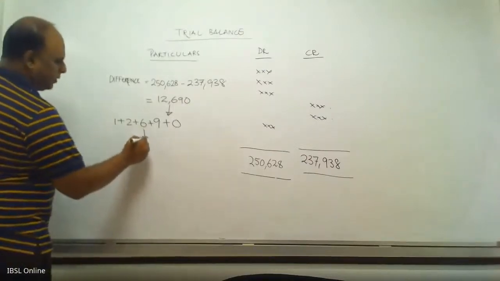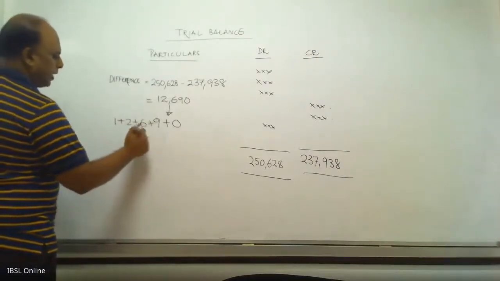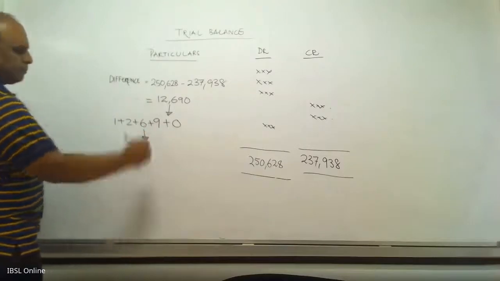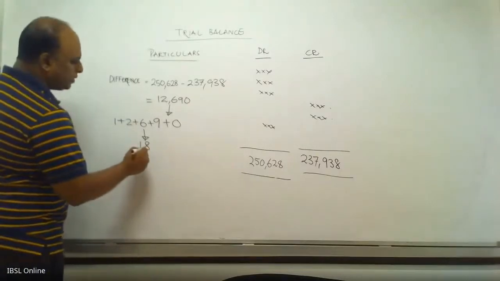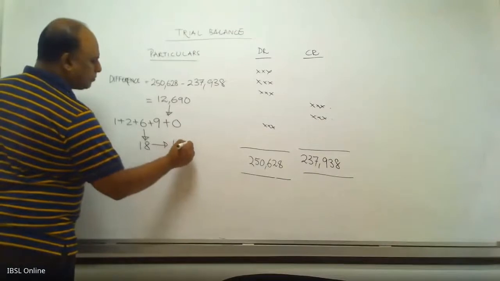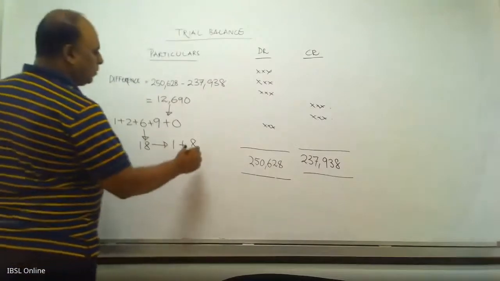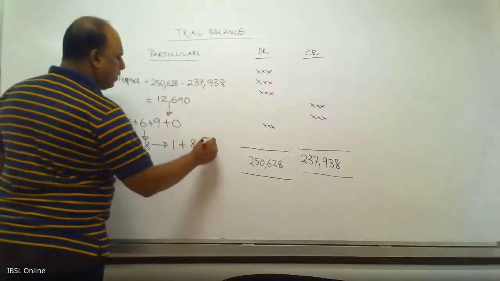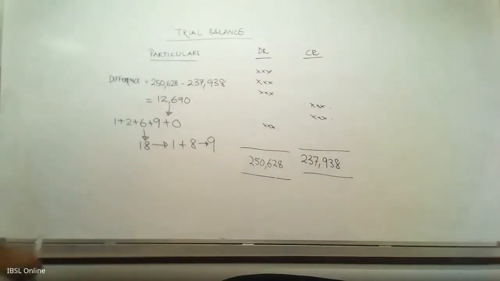What do we get? 2 plus 1 is 3, 3 plus 6 is 9, 9 plus 9 is 18. Thereafter, we further add this, 1 plus 8, and now I end up with the number 9.